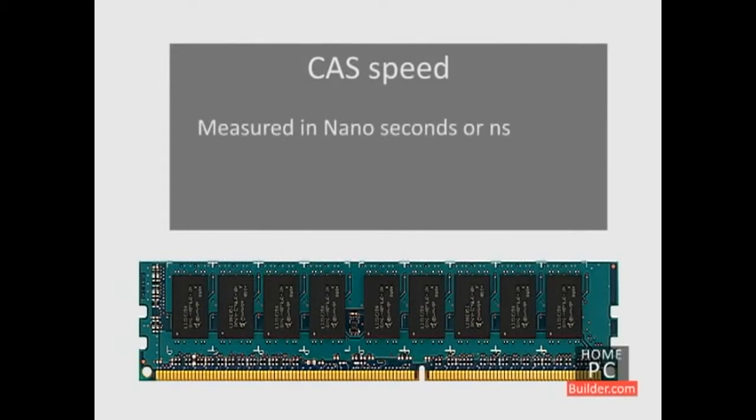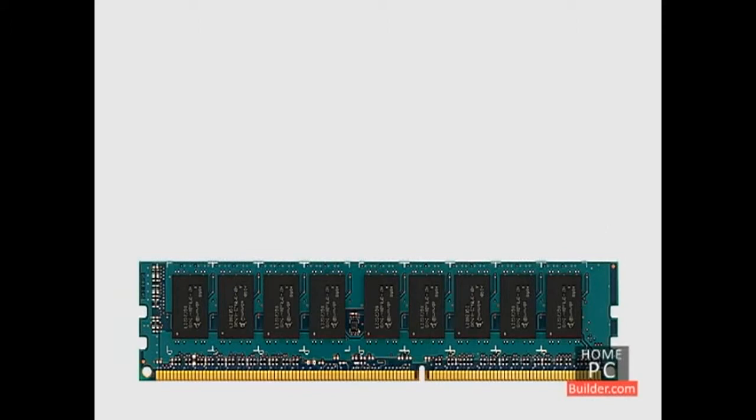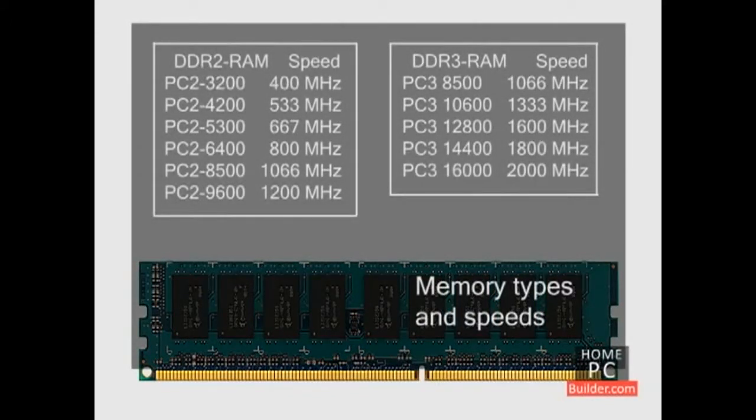It's measured in nanoseconds, or ns, and comes in speeds of 3 to 7 nanoseconds for DDR2 RAM, and between 6 and 10 nanoseconds for DDR3 RAM. A lower CAS is better, but unless you're building a high-end system, it's probably not worth paying extra for the lower CAS. Here's a breakdown of RAM types, their common names, and the speeds they run at.